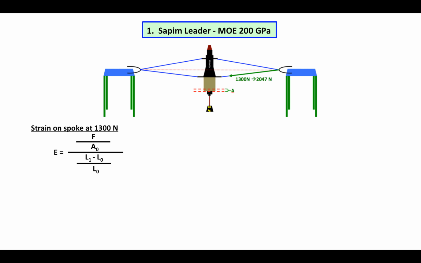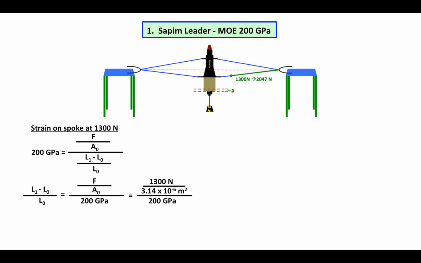And this would be my formula, the modulus of elasticity formula that we've seen many times. I substitute the given value of 200 gigapascals into the equation. Rearranging that formula, I get this, and I can start substituting values for newtons and cross-sectional area.